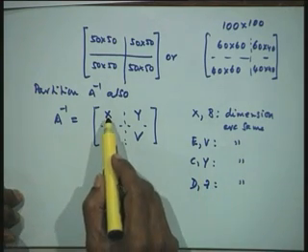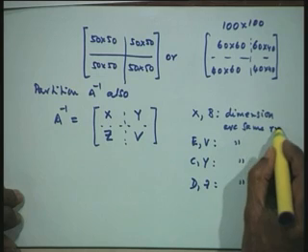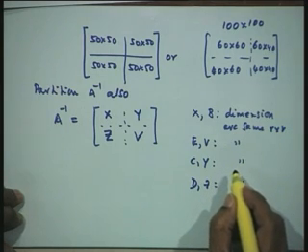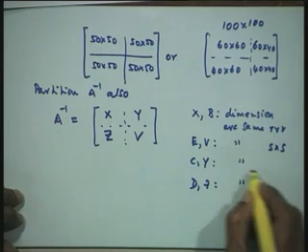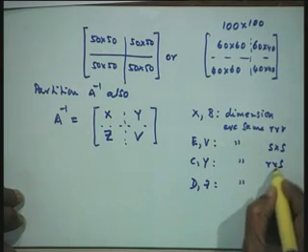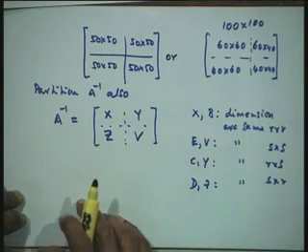We have taken B and x as R into R, E and V as S into S, C is R into S, and D is S into R.